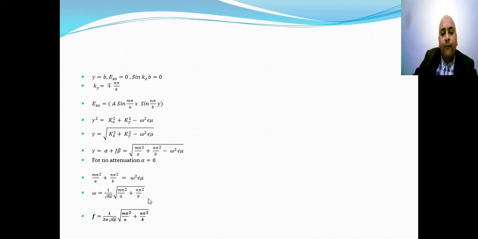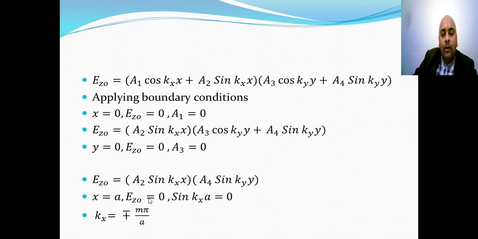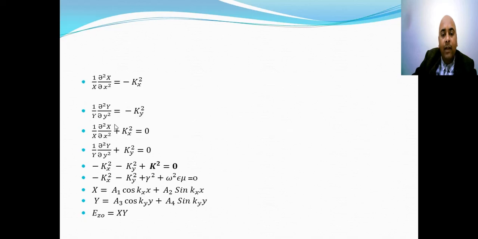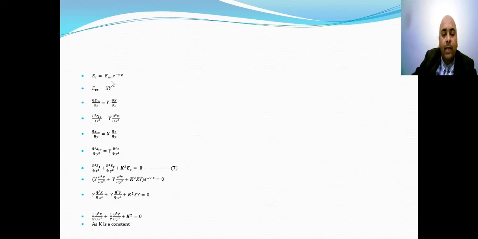Similarly, we have already found that Ez0 is this one. Ez0 we have already derived to be A sine m pi by a into x into sine n pi by b into y. The value of Ez will be found by using Ez0 into e raised to power minus gamma z.